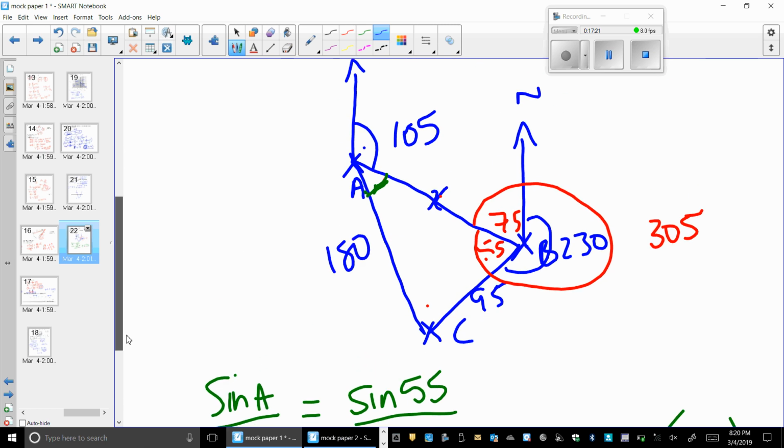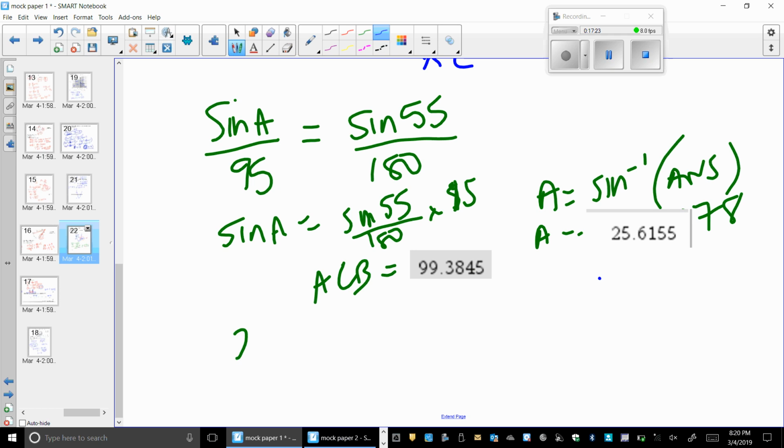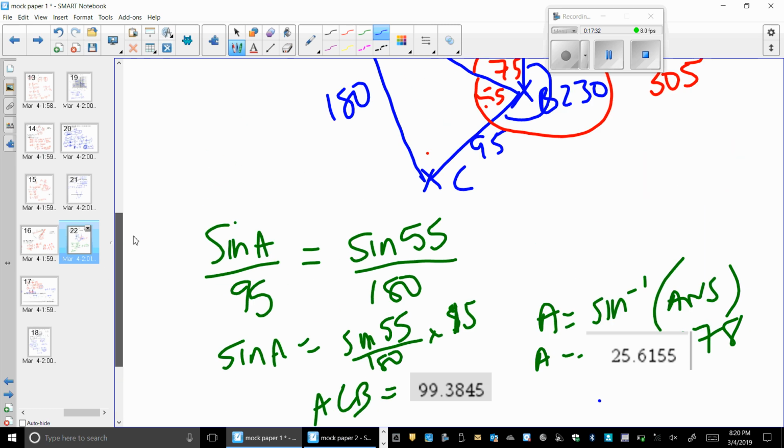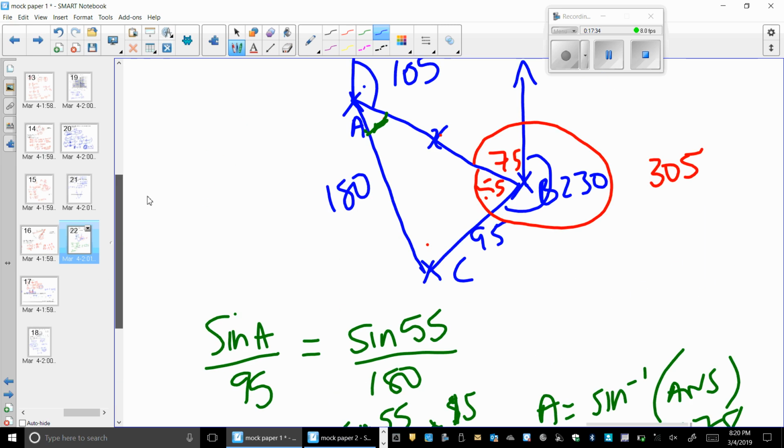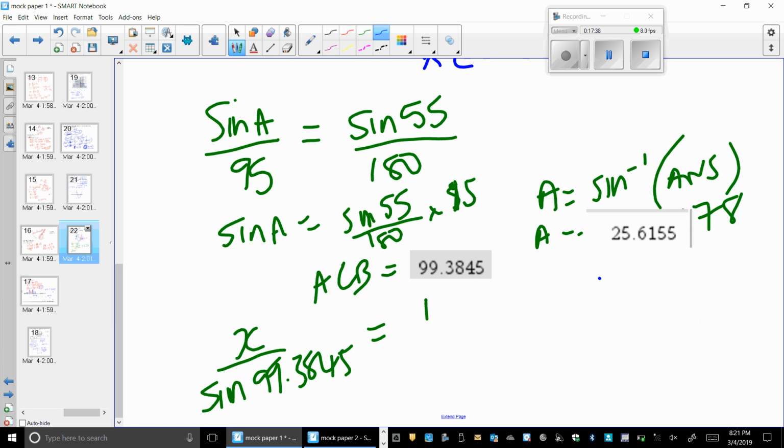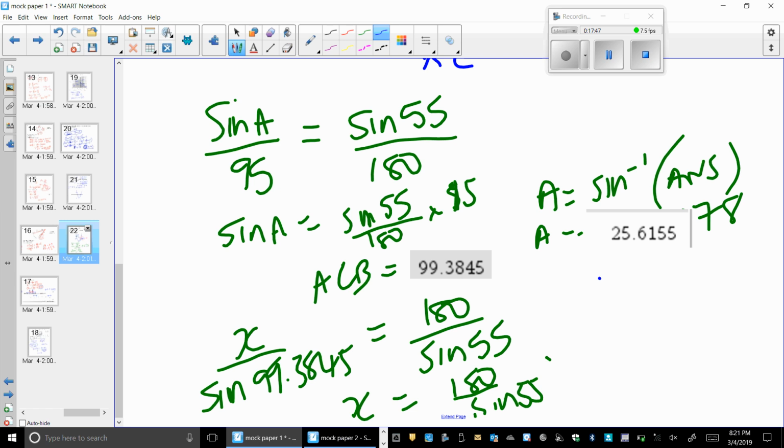Which means that we can find length x. So we would say x over sine of 99.3845 is equal to 180 over sine 55. So x is equal to 180 over sine 55 multiplied by sine 99.3845.